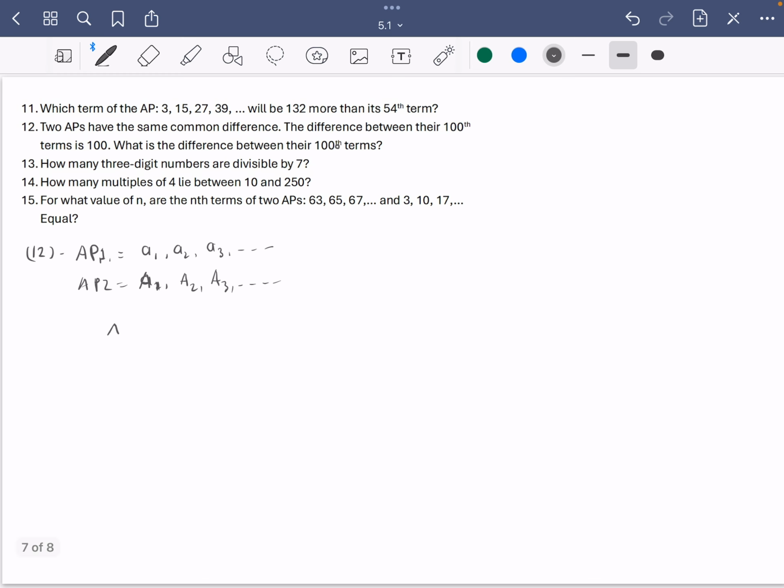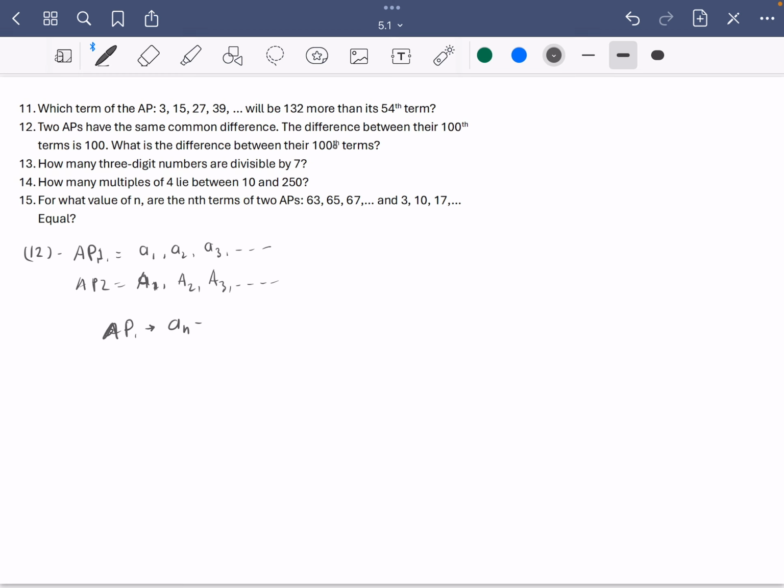For AP1, an is going to be a1 + (n - 1) times the common difference, which in both the APs is the same, that is d.